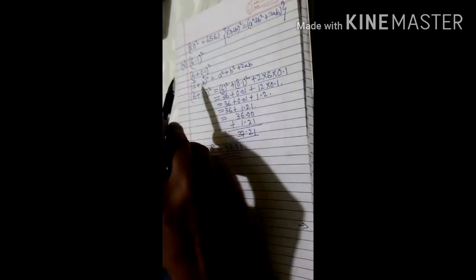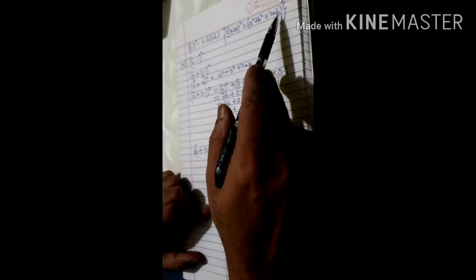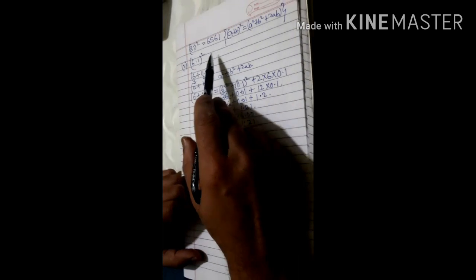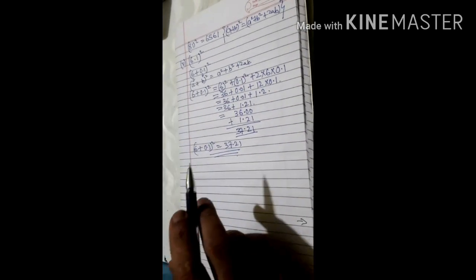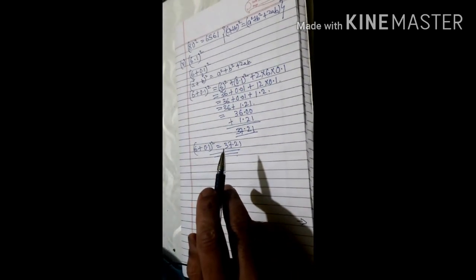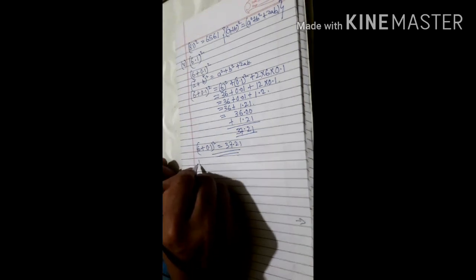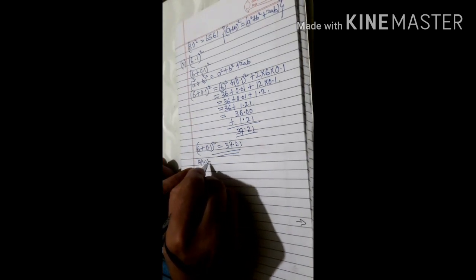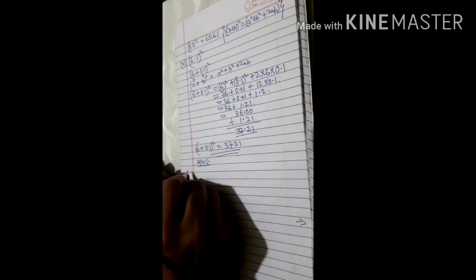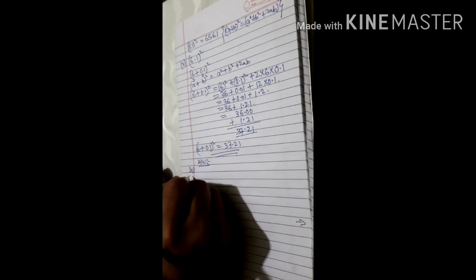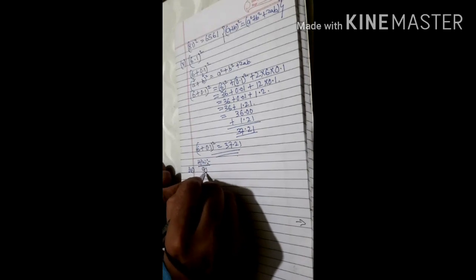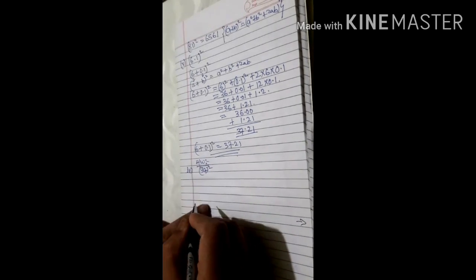Okay, so we have seen yet another application of a plus b whole square. Similarly, you will get questions wherein you have to use a minus b. So the a minus b I will give you as your assignment. Your assignment would be question number 1 Roman 2. The question says 97 whole square.